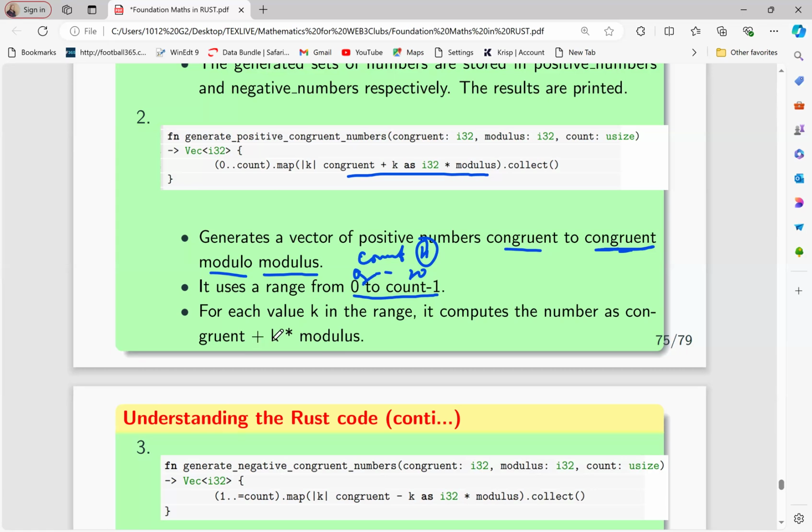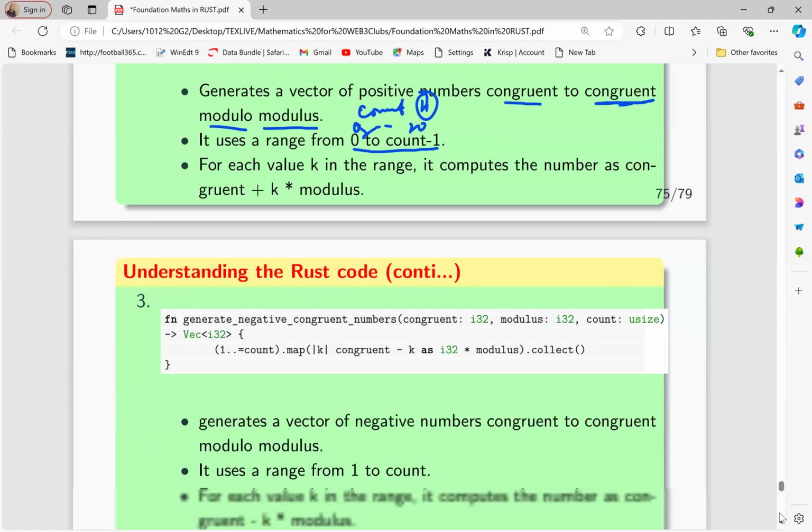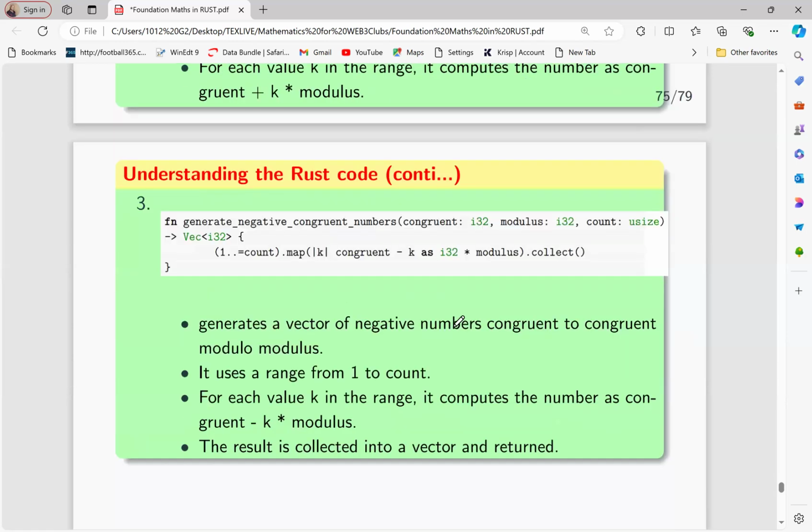Then the next one, to generate the negative numbers, is the same thing. The formula just changes here. Instead of positive, we have negative. At that point, the formula changes. And again, the count goes from 1 to the count.